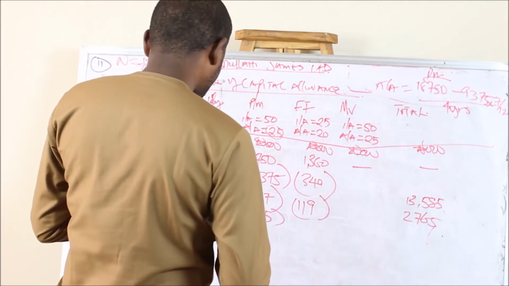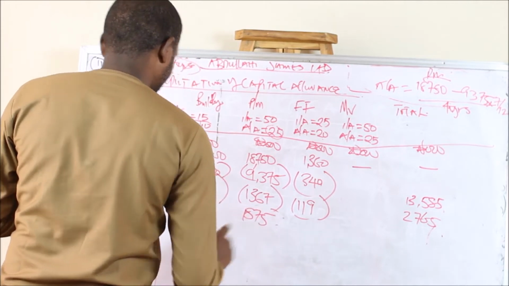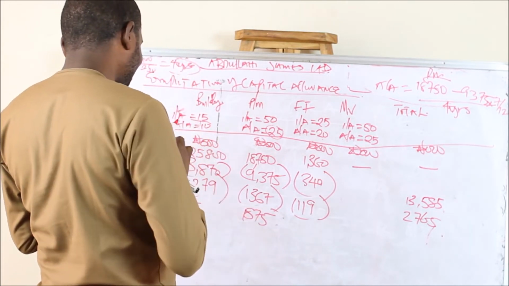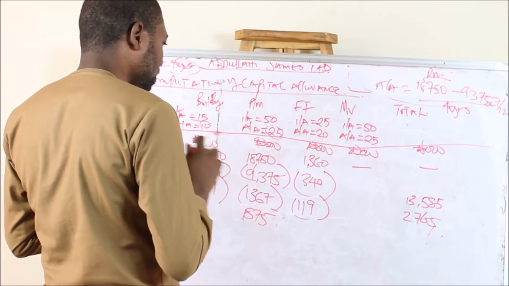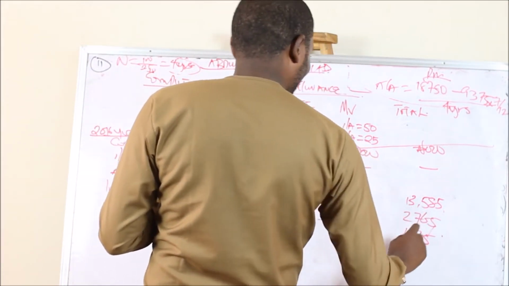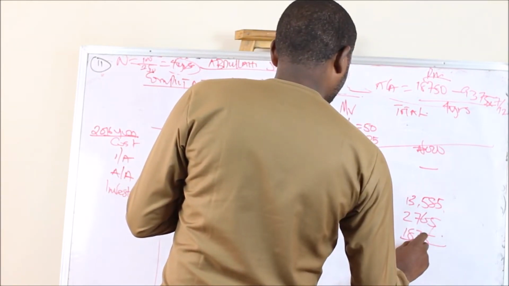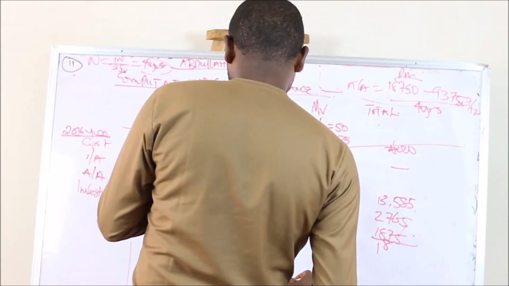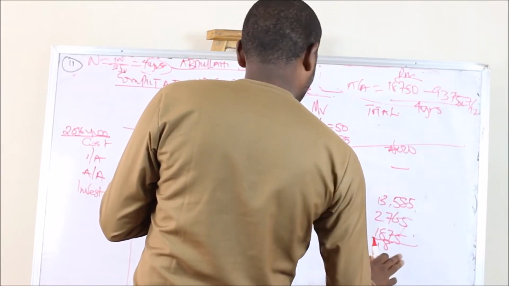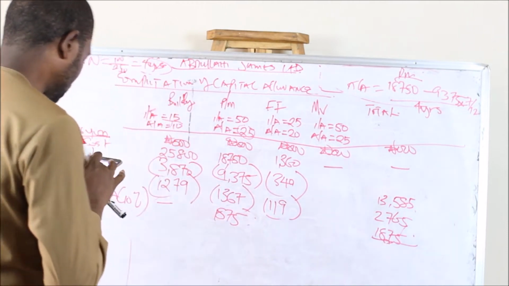So in that case we have 1875. If you add everything together, that is how to determine the total value.